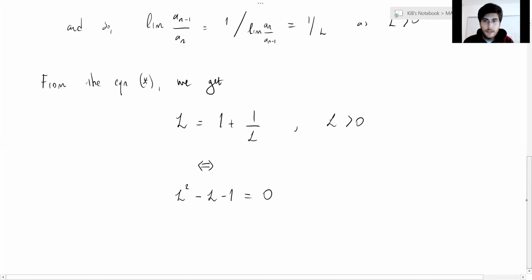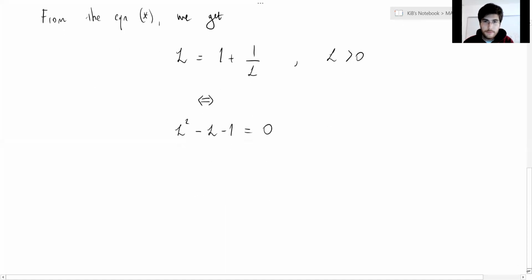And therefore, this is if and only if L is one of the roots. By using the discriminant business, a similar kind of argument, you have two possible roots, basically.